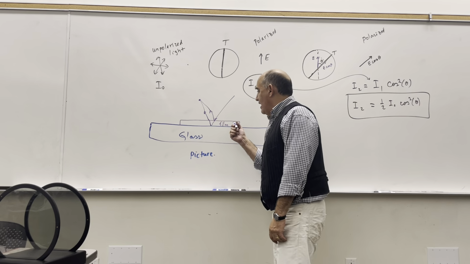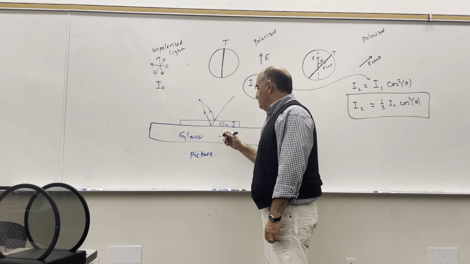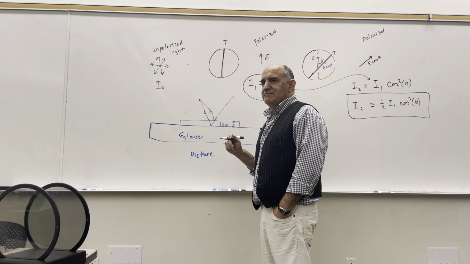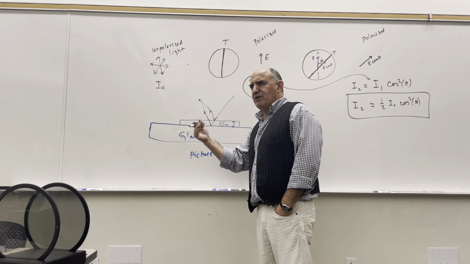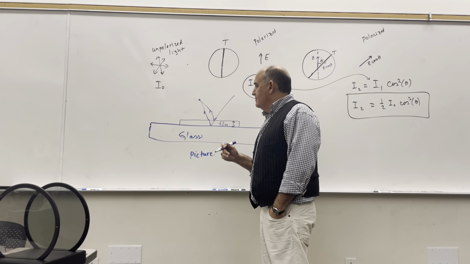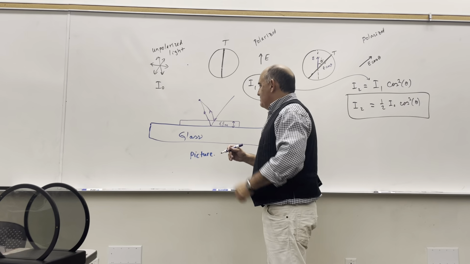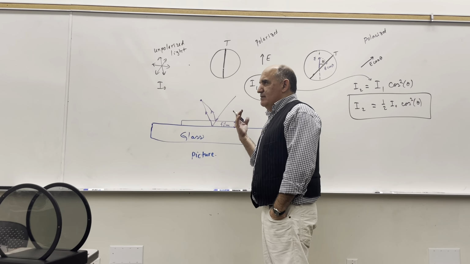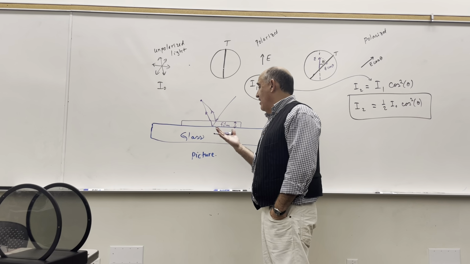And to cut out glare, depending on the thickness of this, you can cancel out some of the glare. But this is on the topic of interference, that'll be chapters 34, 35.